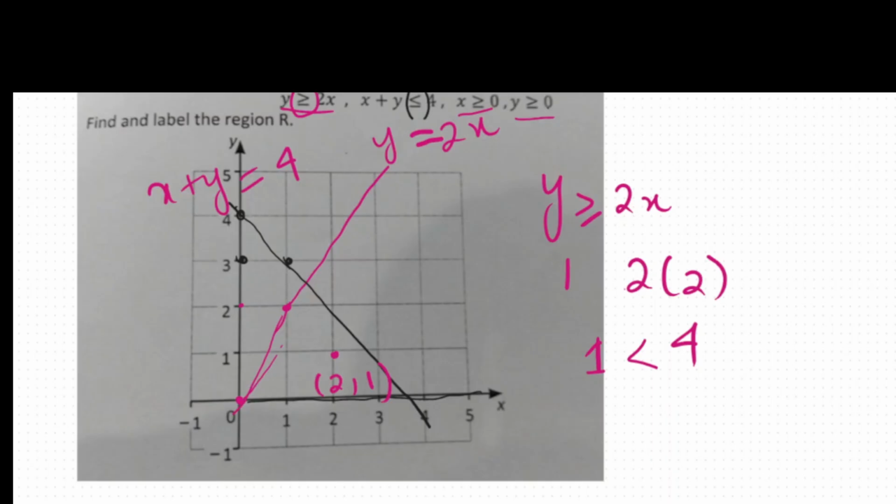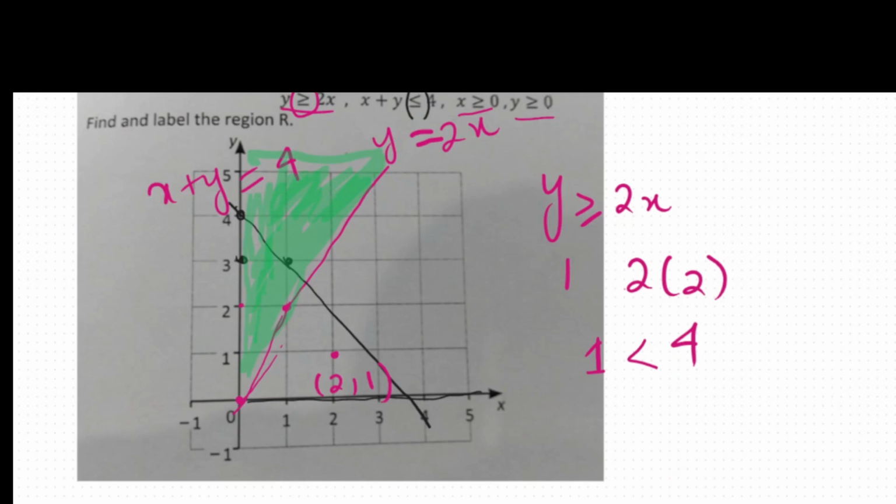So this portion will not be included in the shading, and the shading portion for this line will be this portion above the line. Since we are given the conditions that x should be greater than or equal to 0 and y greater than or equal to 0, our shading should not exceed these limits.